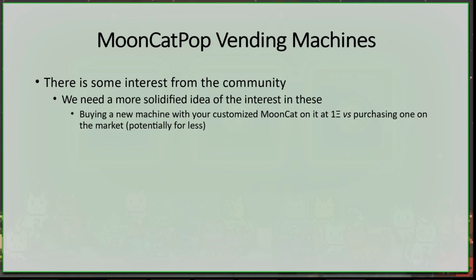We do see some trickled down interest from the community, but we really need to get a more solidified idea of the interest in these, which is mostly making sure that people actually want to buy a MoonCat Pop vending machine that has their specific MoonCat on it that they purchase for 1 ETH, versus picking up a MoonCat Pop machine that is on the market now, but that cannot be changed and has someone else's MoonCat on it, but would still get you entry into the Meow.